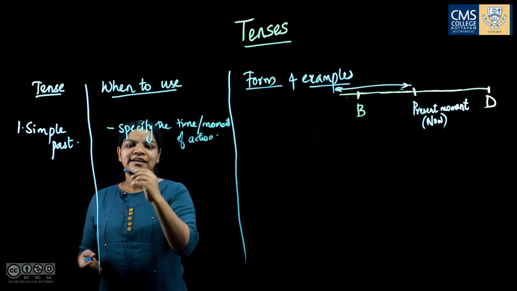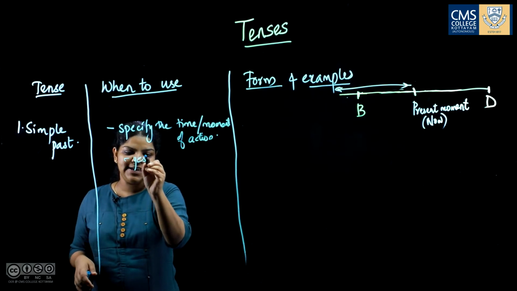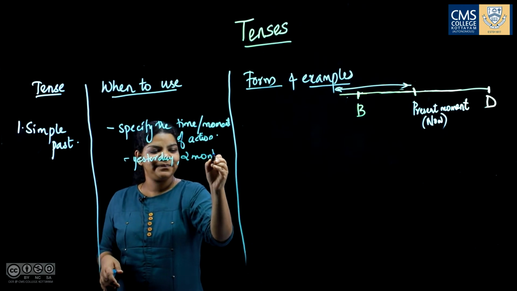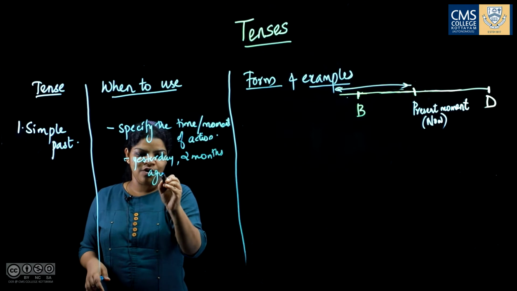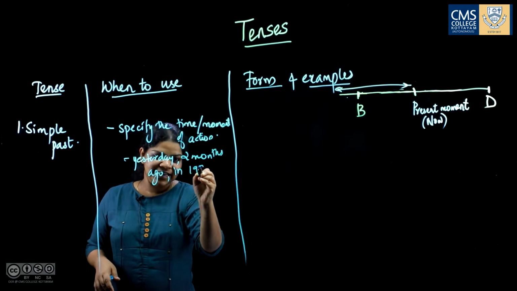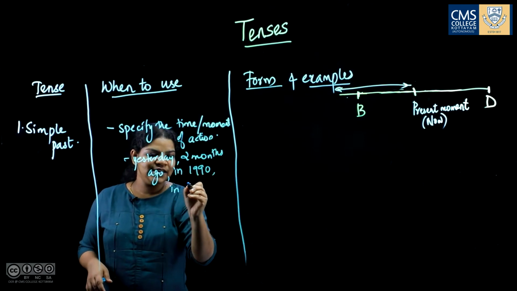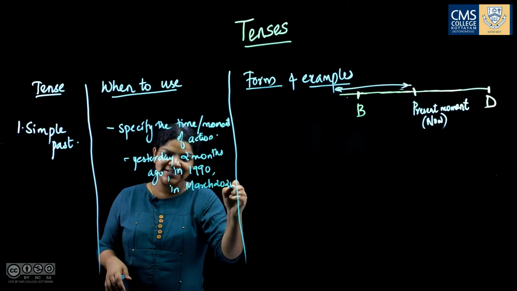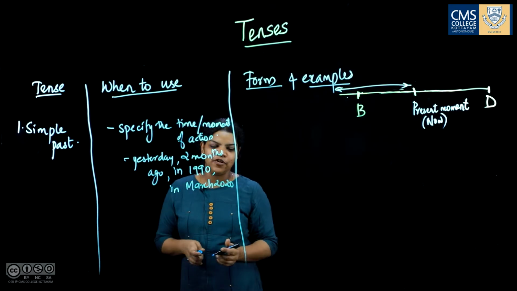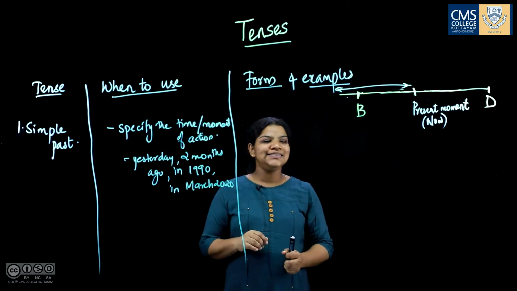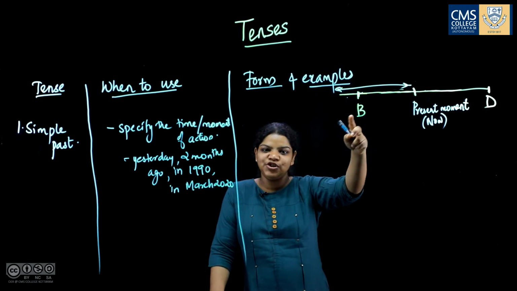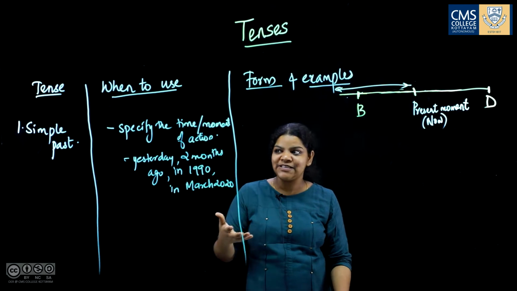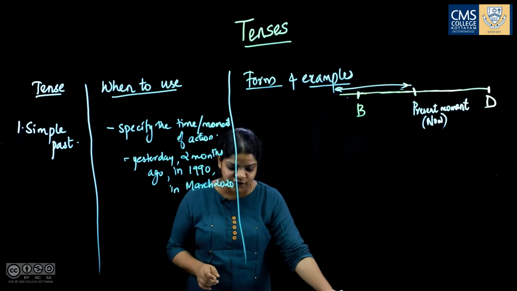That is, we specify whether it is yesterday or 2 months ago or in 1990 or in March 2020. It can be any of these forms. So a simple past tense is used to indicate an action which happened in the past, especially with a specification of the time or moment of action.